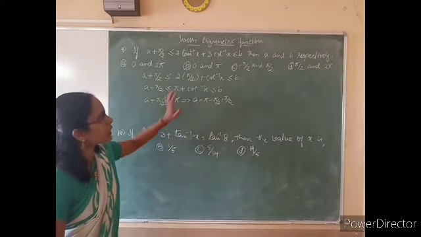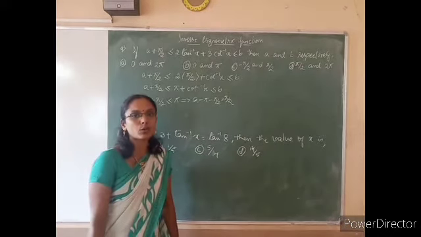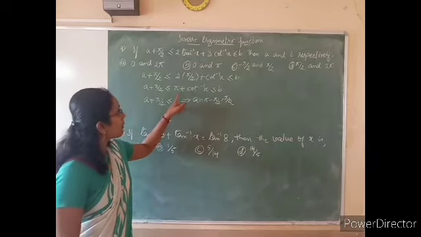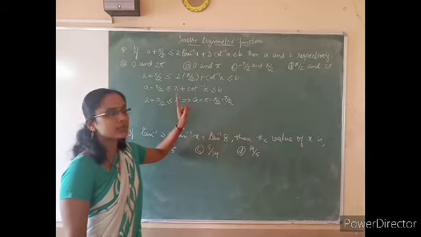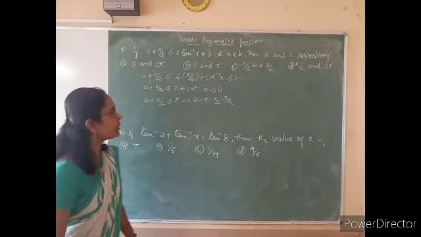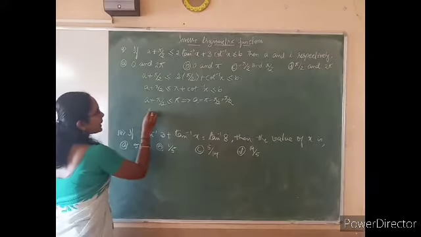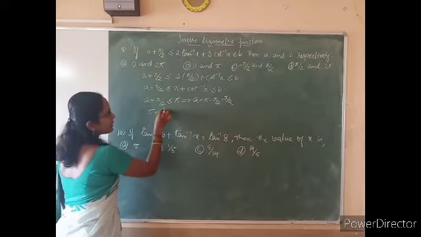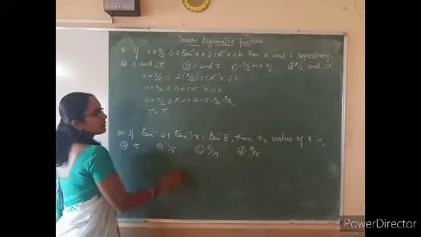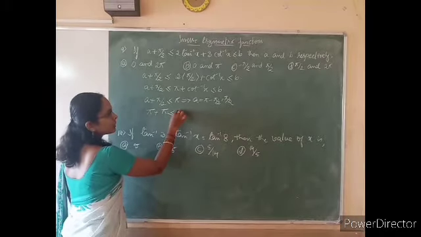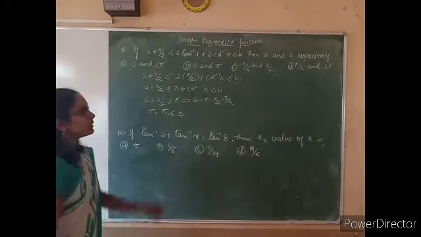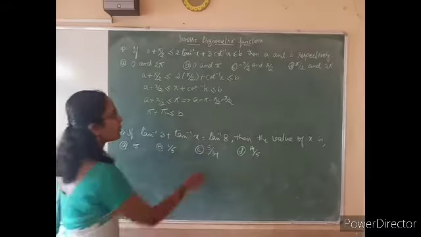Next, cot inverse of x has the maximum value pi. That means pi plus cot inverse of x has its maximum value pi plus pi, which is less than or equal to b here. Therefore, b is equal to 2 pi.